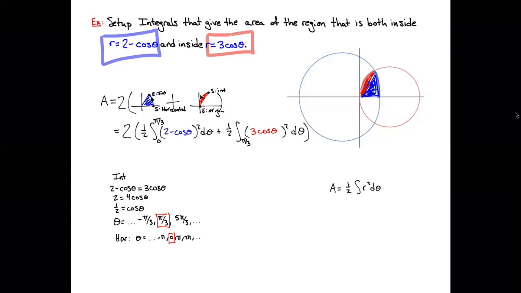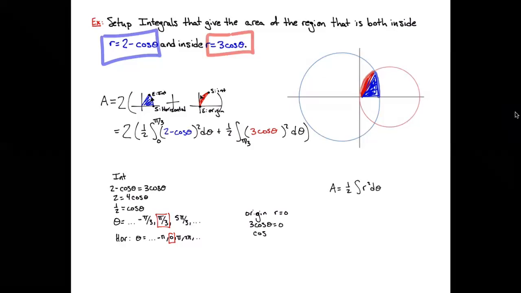The other thing I need to know is when the other curve is at the origin. That will tell me when the red curve should end. And so I say, okay, origin. I know our polar curve is at the origin when r equals 0. And that r is 3 cosine theta equals 0.